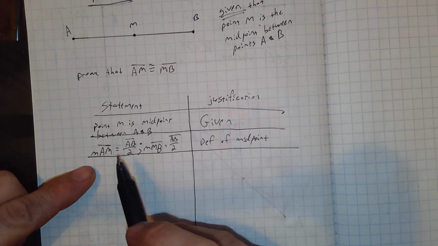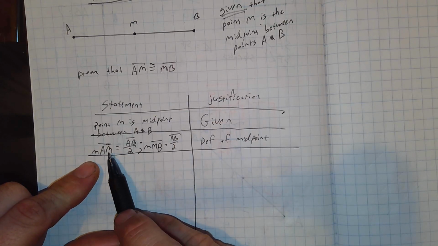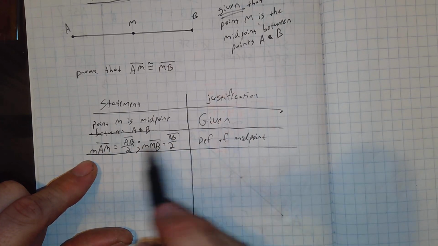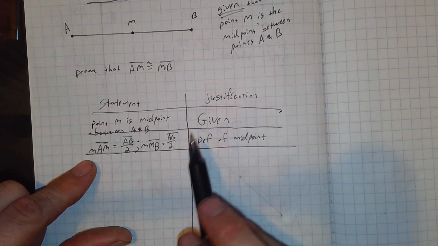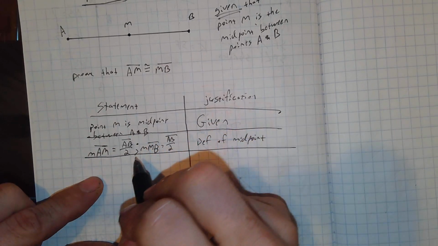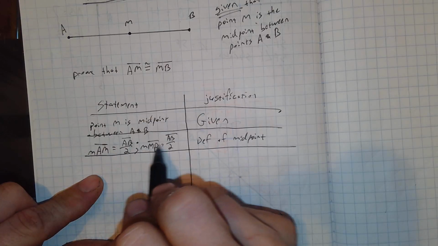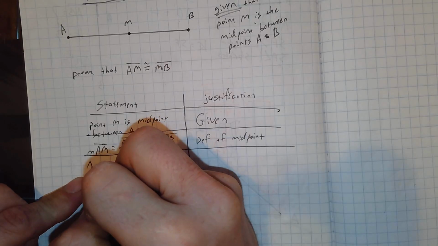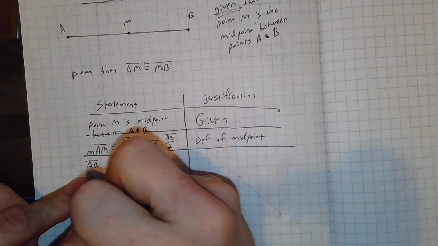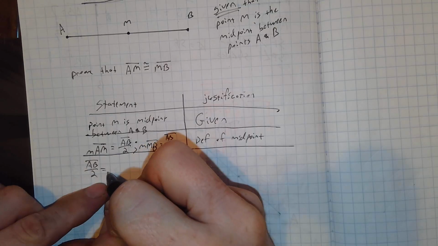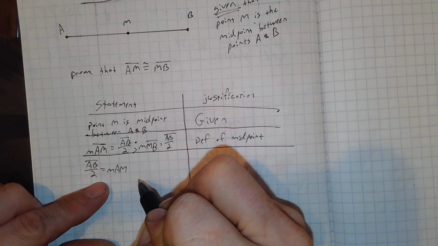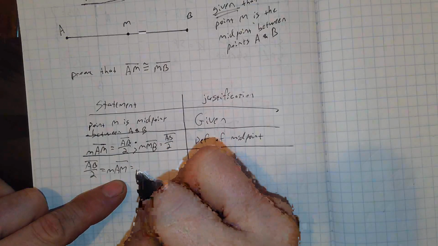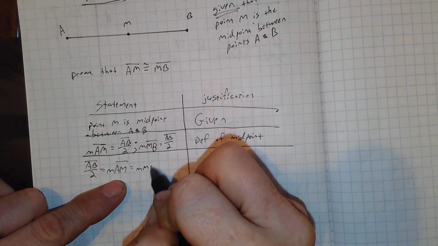Okay, so now I'm going to take this and I'm going to use what we call the transitive property. Okay, if this equals that, then that equals that. So I'm going to put this all in one equality. AB divided by 2 equals the measure of AM, which equals the measure of MB.